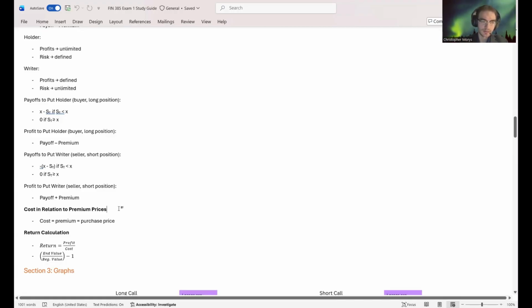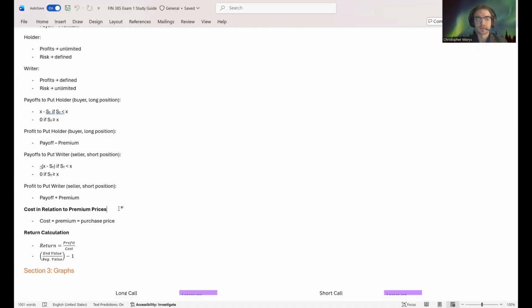And to clarify further, what the cost is in relation to premium prices. The cost of an option contract is merely the premium, which is the purchase price. You'll notice in options trading, there are many interchangeable terms.